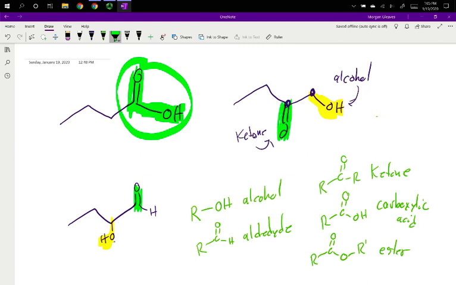So as a result, this is two separate functional groups. Again, we have an alcohol, and this time, that hydrogen is important. Yes, I have a carbon double bond oxygen, but by having that hydrogen on the carbon, that makes this an aldehyde this time. And so this is an example of a molecule that has two functional groups.